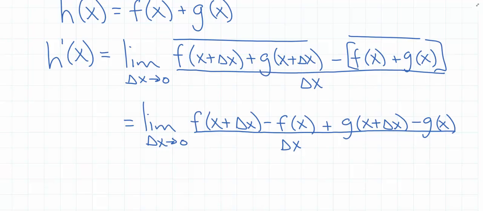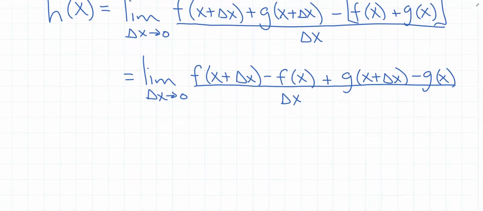Now, I've got f of x plus delta x minus f of x over delta x, and g of x plus delta x minus g of x over delta x. I could split that up if I wanted to. And remember that the limit of a sum is the same as the sum of the limits. So what I could do at this point is break this up.